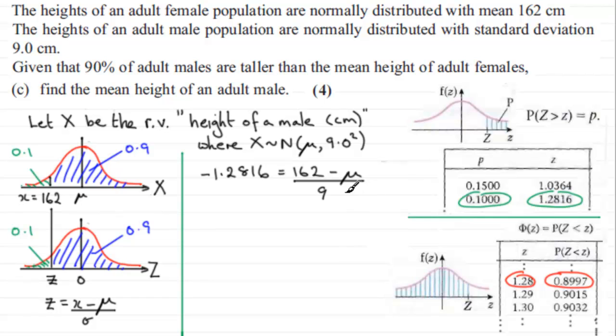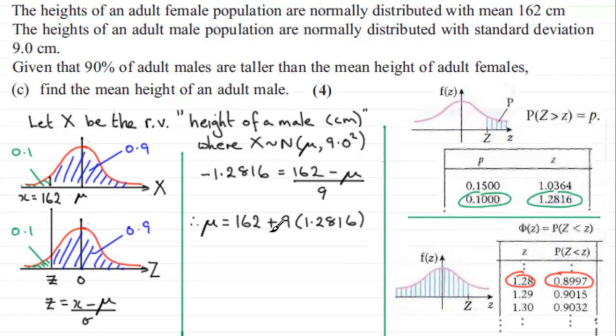So all we need to do now is just essentially solve this equation. I'm going to multiply both sides by 9, and then I'm going to add 9 times 1.2816 to both sides. So rearranging this, we would end up with mu equaling 162 plus 9 times 1.2816.